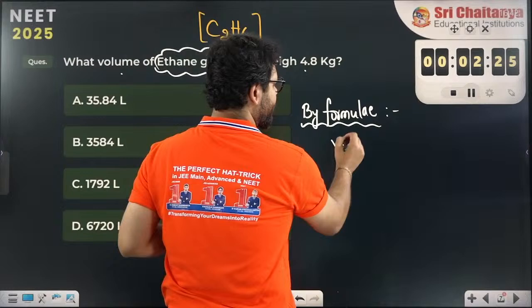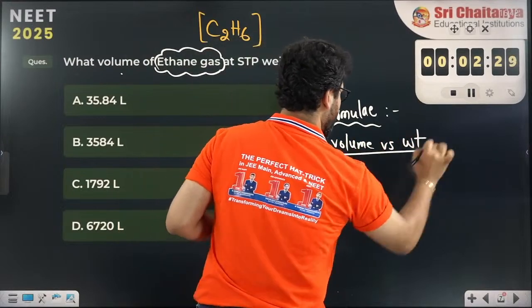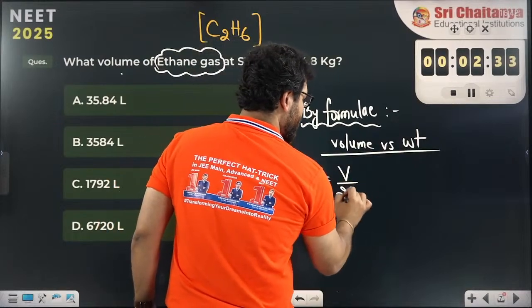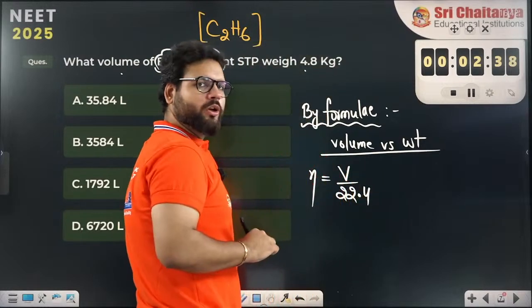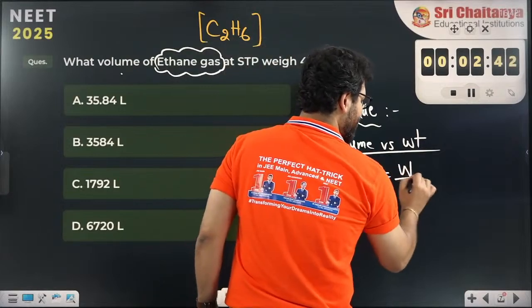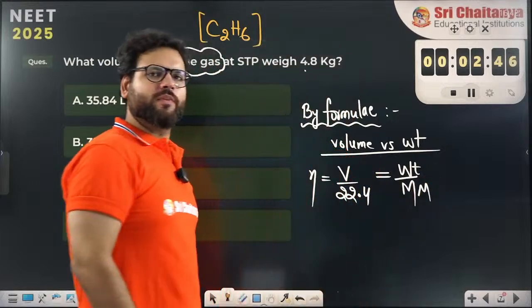Volume formula of the moles was equal to volume by 22.4 liter. And the weight formula was weight by molar mass. This was the formula.